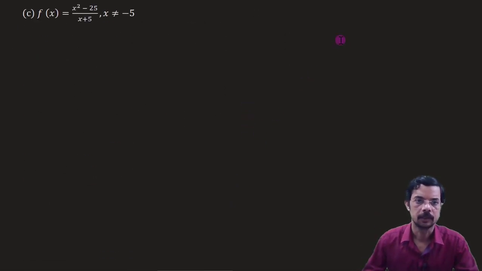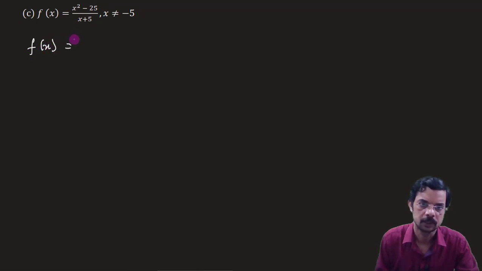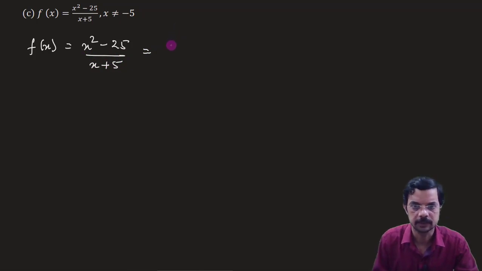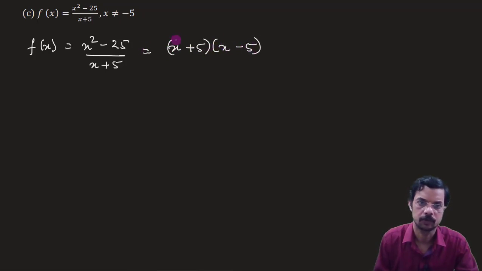Look here. For this question, f of x is equal to x square minus 25 by x plus 5, where x is not equal to minus 5, so that the function can be defined. First of all, we simplify the function. x square minus 25 by x plus 5 can be written as x plus 5 into x minus 5, using the a square minus b square formula, divided by x plus 5.